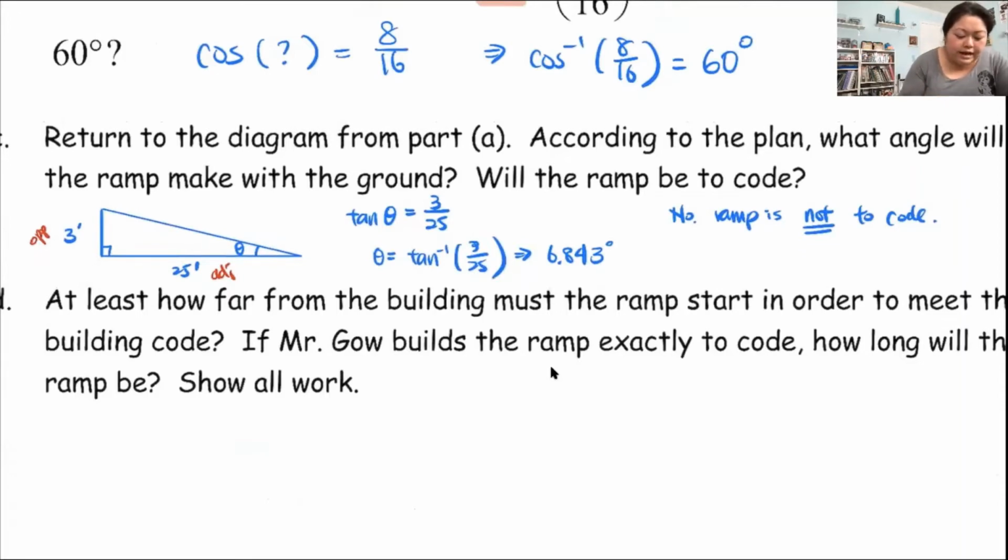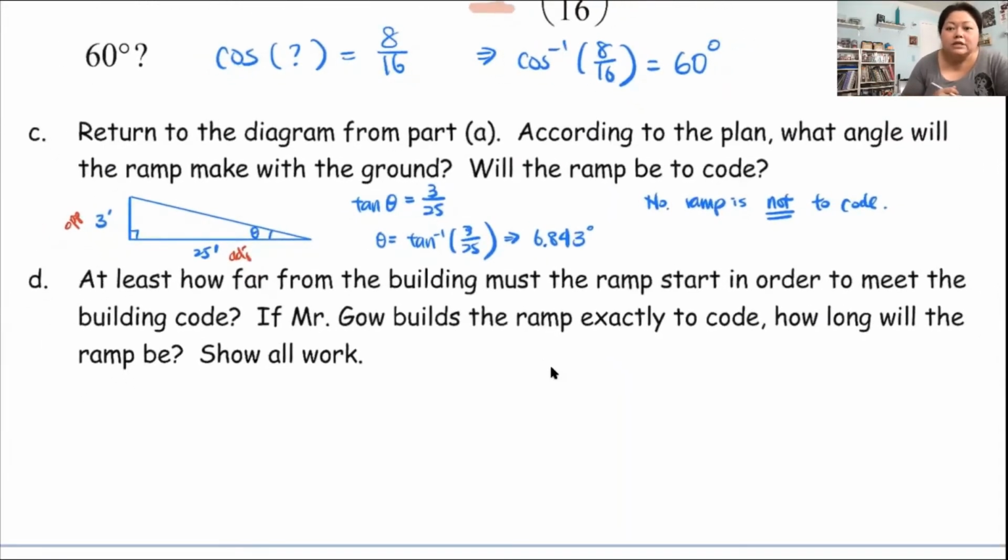Okay, so now at least how far from the building must the ramp start in order to meet the building code? If Mr. Gao builds the ramp exactly to code, how long will the ramp be? Show all your work. Okay, so now we're going to make the distance longer, because think about it. Let's take your ruler and just try this out. Pretend this is a ramp and this is a doorway, right? If it is a shorter ramp, notice how it's a little steeper.